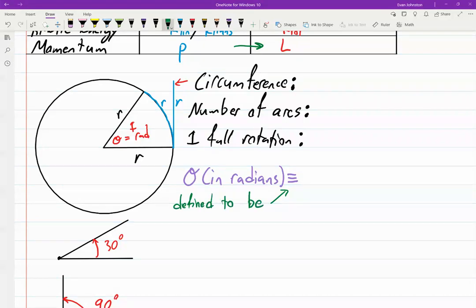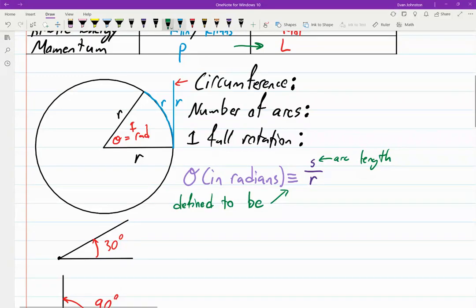Humans have defined radians to be S over R, where S is the length of arc, or maybe I'll just call it the arc length. And so that's it. That's all you would do.